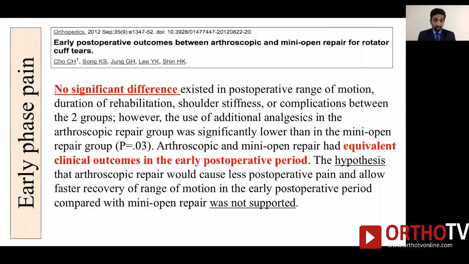Does arthroscopic repair fare better with respect to the early post-operative period? This is an article by Cho which shows that for the early post-operative outcome after arthroscopic versus mini open, there is no significant difference between these two, with equivalent clinical outcomes in the early post-operative period.